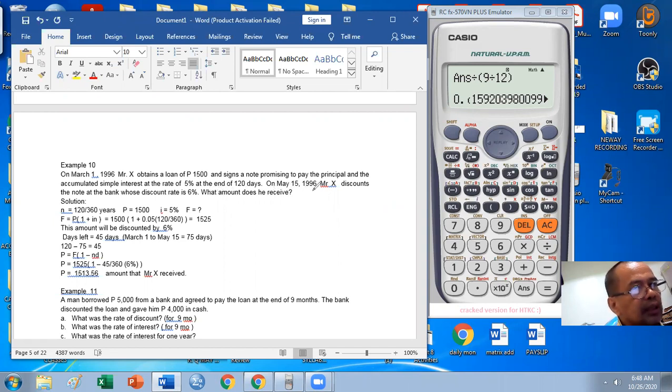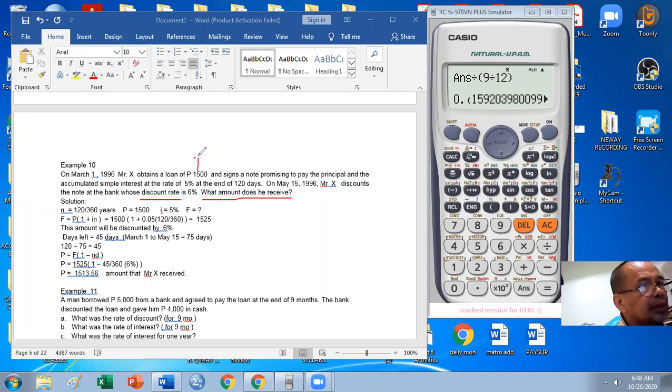On May 15, 1996, Mr. X discounts the note at the bank whose discount rate is 6%. What amount does he receive? So, the loan he received is 1,500 and he signs a promissory note to pay the principal and accumulated interest at the rate of 5% at the end of 120 days.